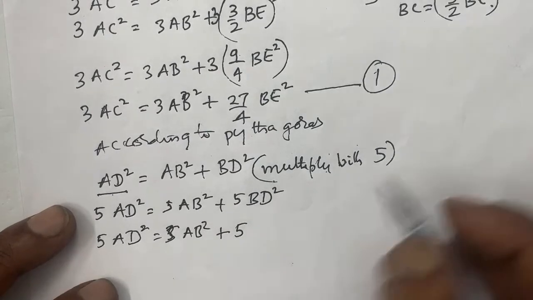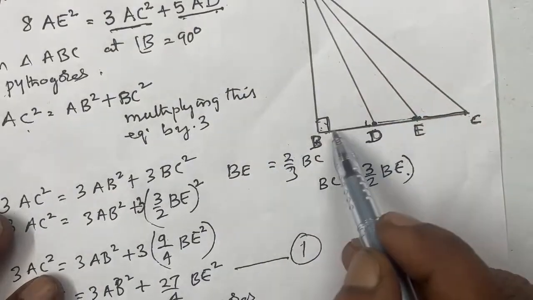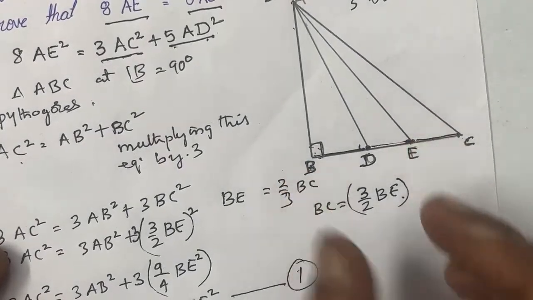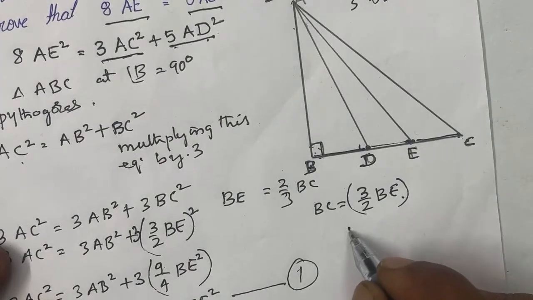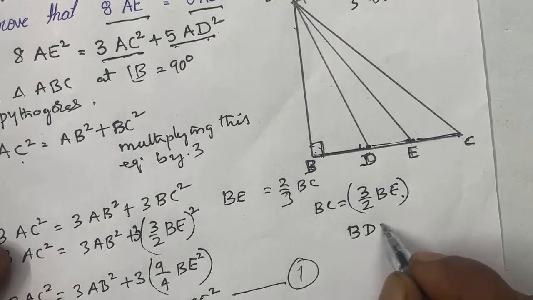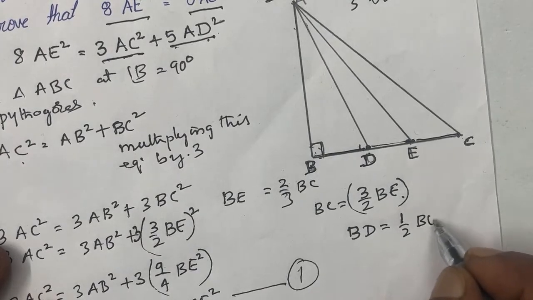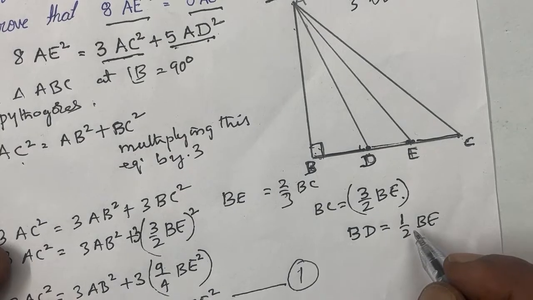What is BD? Here you can see, BD is nothing but half of BE. That means BD is equal to half of BE. So this BD value I want to put here.